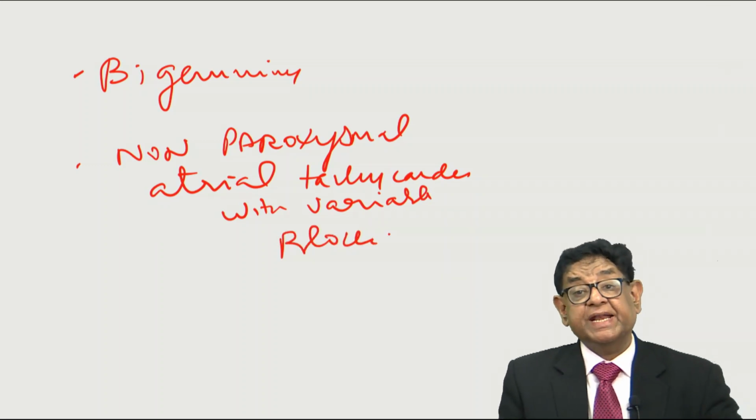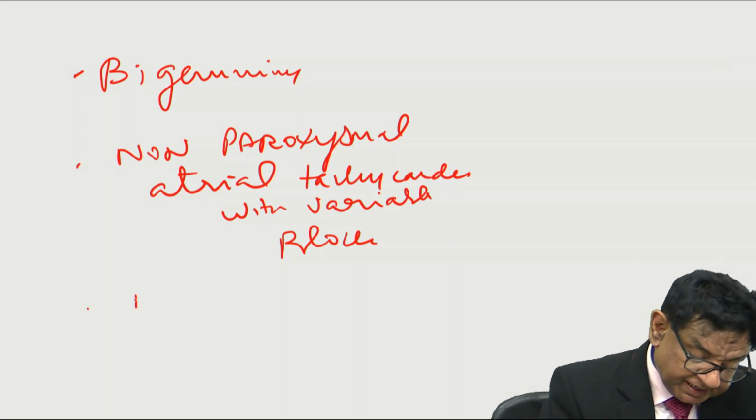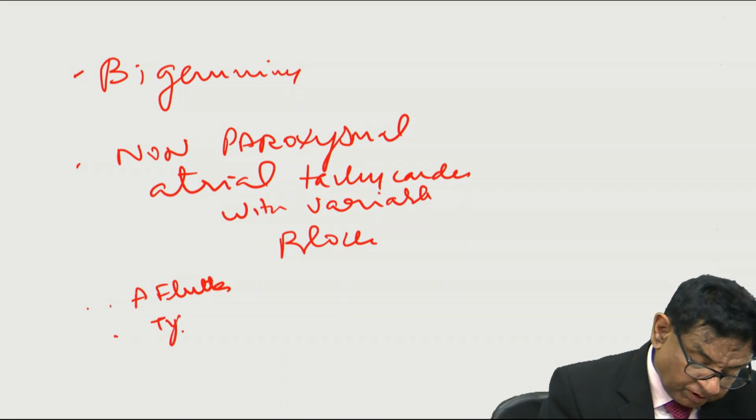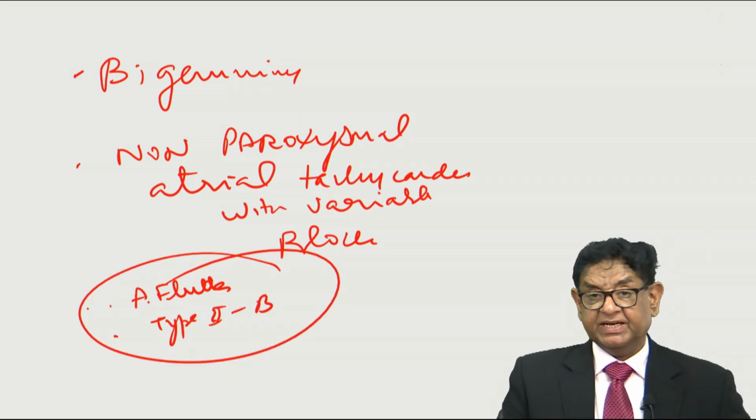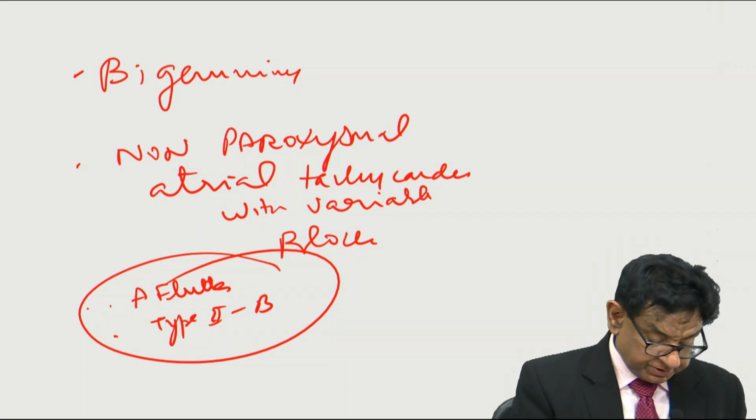And which arrhythmias are never seen in digoxin toxicity? Never seen are atrial flutter and type 2B block. These two are never seen in a case of digoxin toxicity. Very frequently asked question.